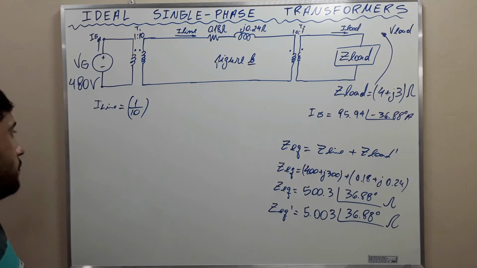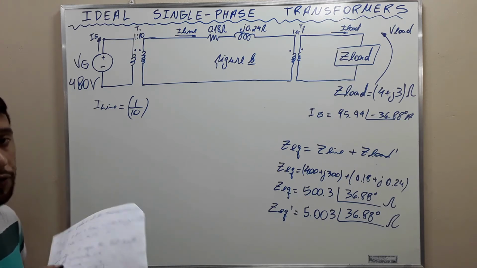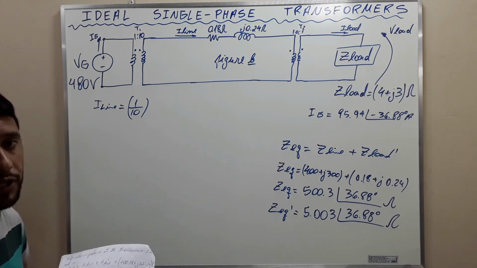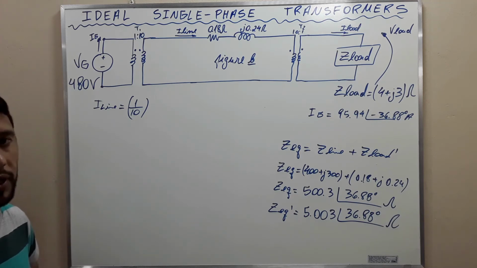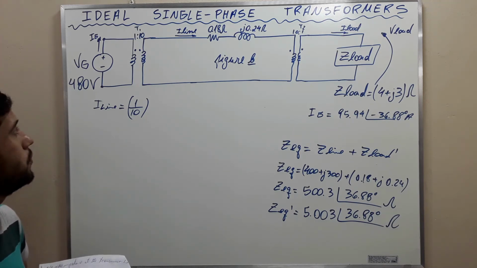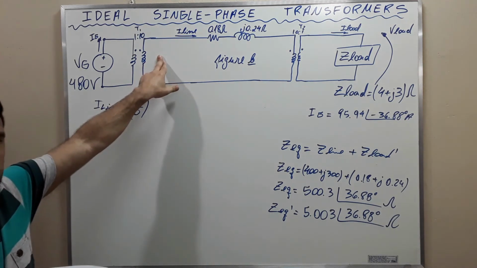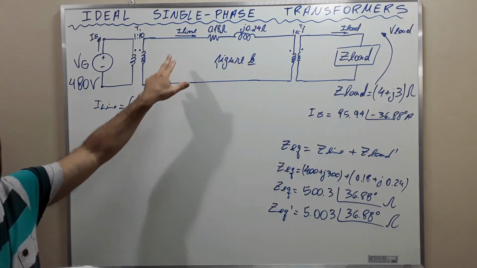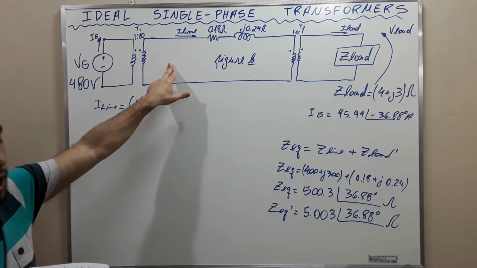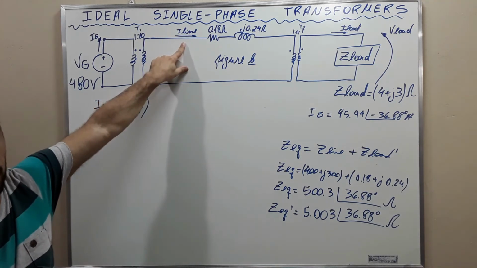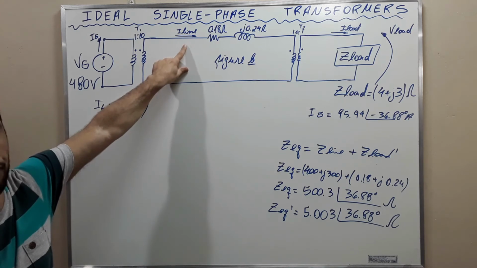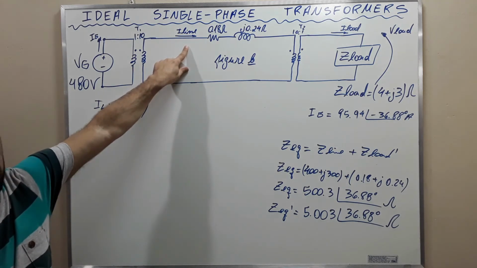That's the very reason we use transformers. The first purpose, pay attention, for using a transformer is not to increase the voltage. Increasing the voltage is just a consequence. The purpose is to diminish, to decrease the line current. Why?